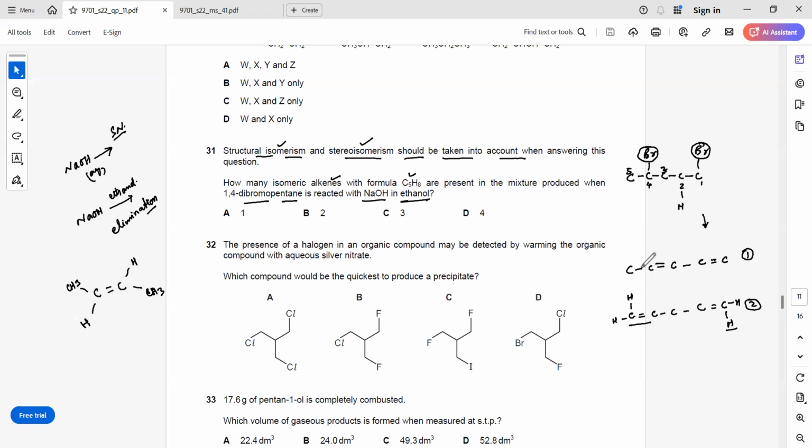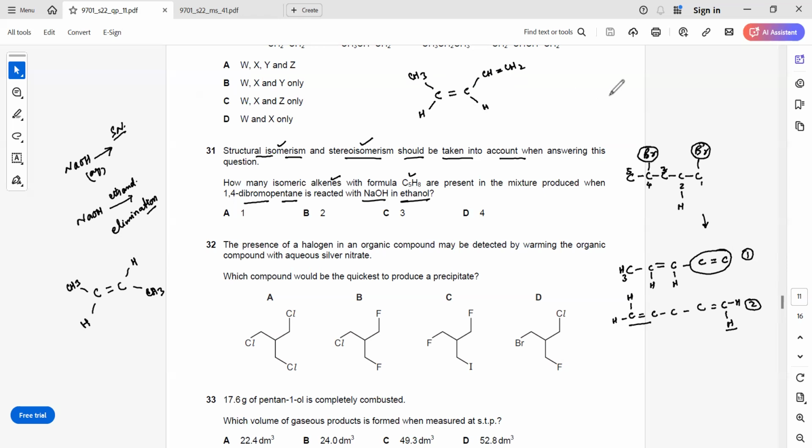But what about this one? This carbon is having one hydrogen and one methyl, and this carbon is bonded with hydrogen and this other group. So it means this can also show stereoisomerism, cis and trans. How? Look at this. C double bond C, hydrogen here, methyl group here, hydrogen here, and this whole group CH double bond CH2. So it's a cis structure.